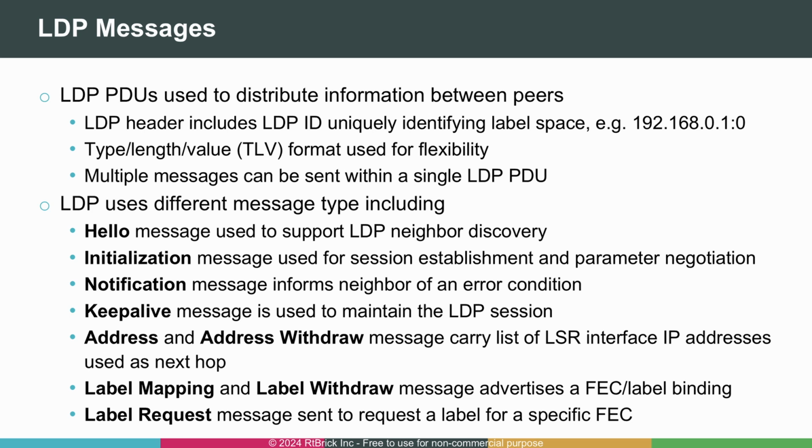For Ethernet, a platform-wide label space is used, meaning the label is independent of the incoming interface. Media such as ATM or frame relay may use interface-specific label spaces. For platform-wide label spaces, the final 2 octets are set to 0, for example, 192.168.0.1:0. To support extensibility, LDP uses a type-length value format to encode information.